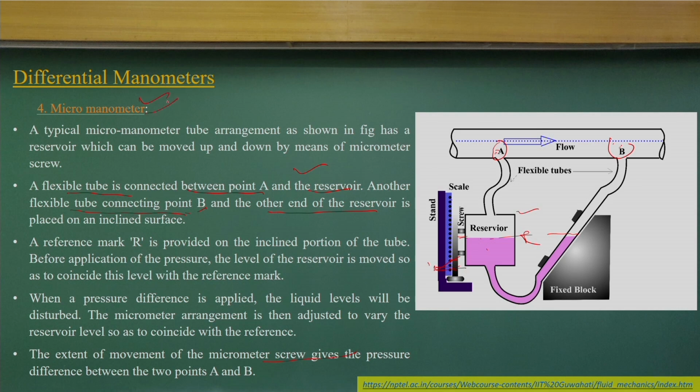This is what is called a micromanometer, which uses a micrometer screw for measuring the pressure difference between the 2 points, P A and P B locations.